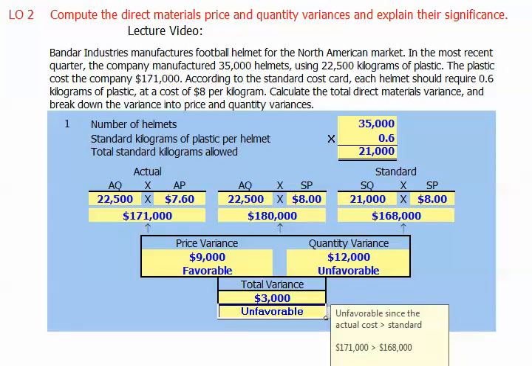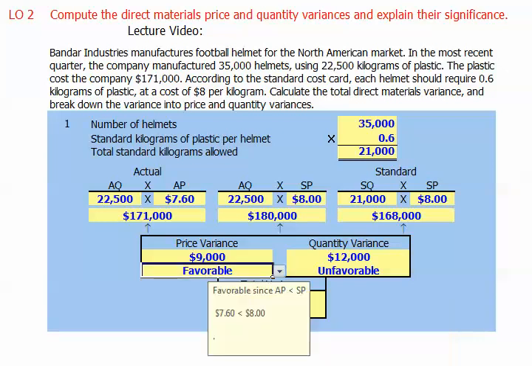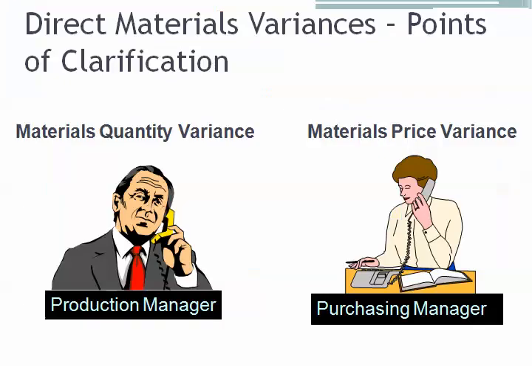The last thing we want to do is examine a relationship between our unfavorable quantity variance and our favorable price variance. We will typically hold our production manager responsible for material quantity variances, since the production manager supervises and is responsible for the amount of materials we use, while the purchasing manager will be responsible for price variances.